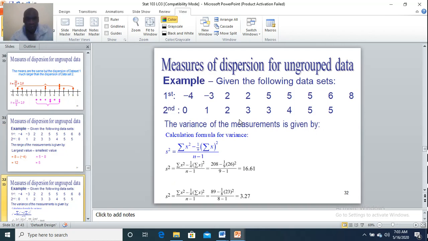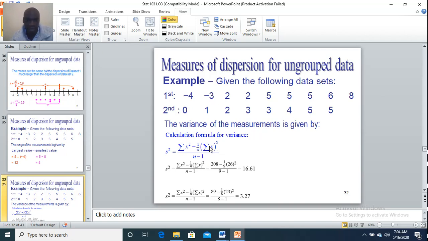Now we want to find our standard deviation, so we use this formula. Don't worry about the size of the formula because you'll be provided with it. We square each value here, then we get the summation of x squared. We add to get the sum of x.